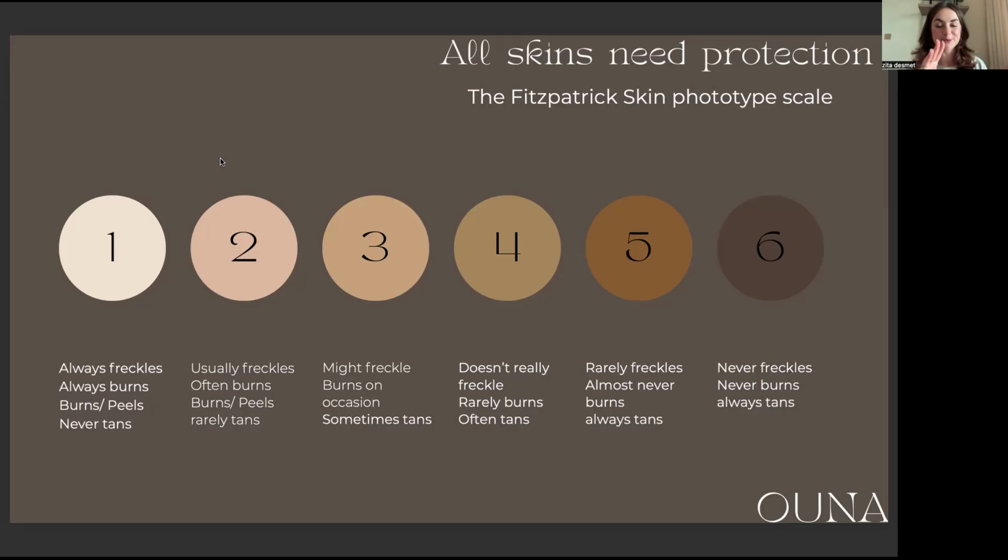Maybe you start to see, oh, maybe I'm a 4, I'm a 3, or I'm a 6. For example, phototype 1 will always have freckles, will always burn, and will burn and peel, but will never get color. They will always stay white.